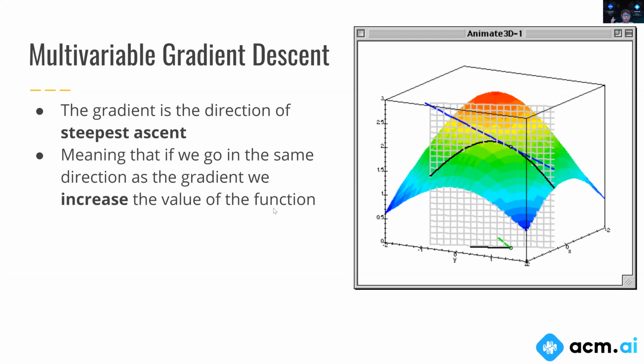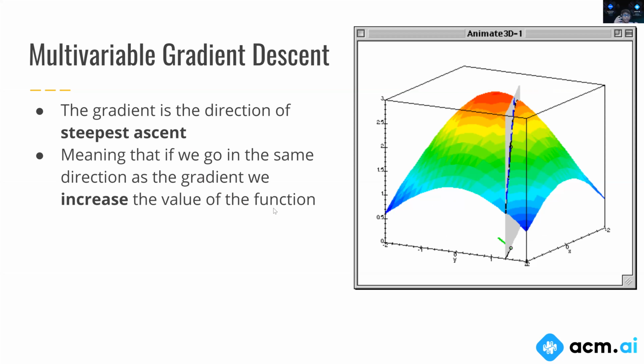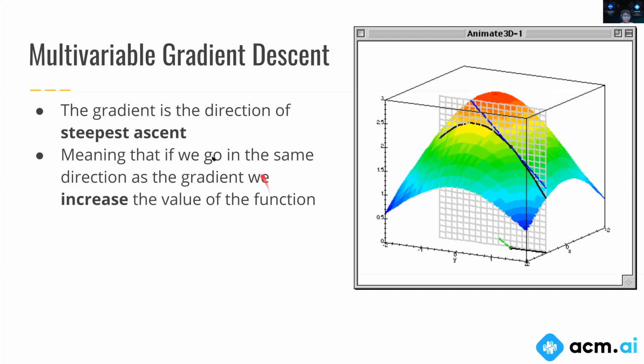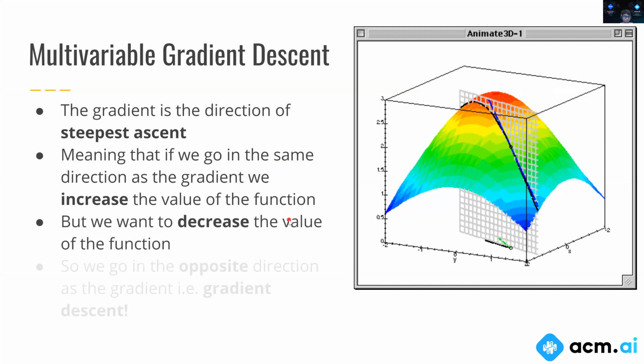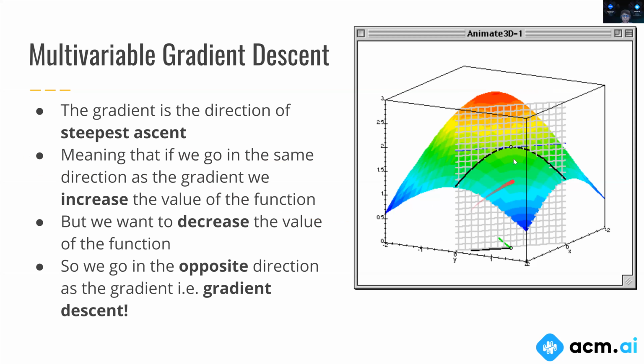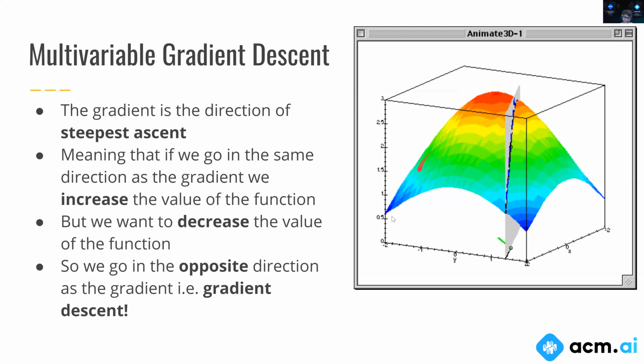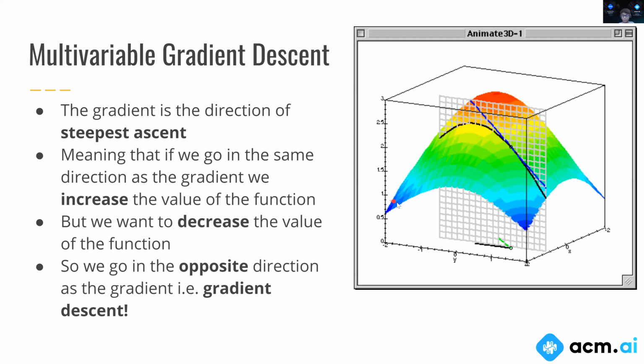But like before, we don't want to increase the value of the function. We want to decrease it. So instead of going in the same direction, we go in the opposite direction, and that's what leads to this algorithm being called gradient descent. It means we go in the opposite direction of the gradient and thereby decrease the value of our function.